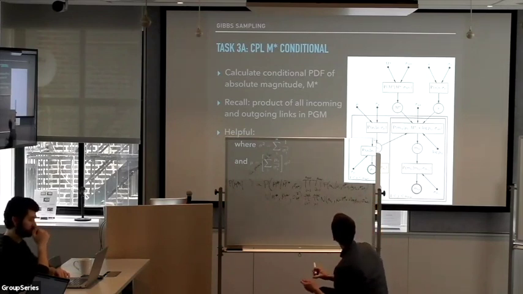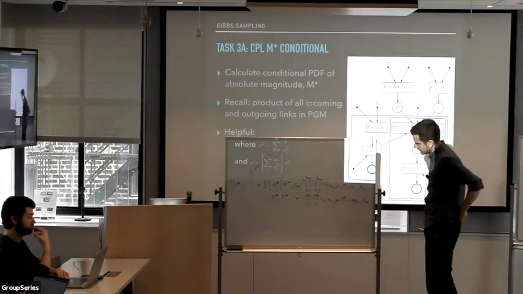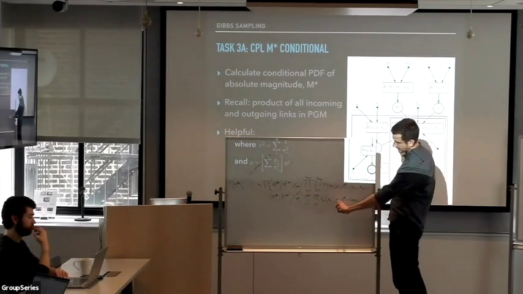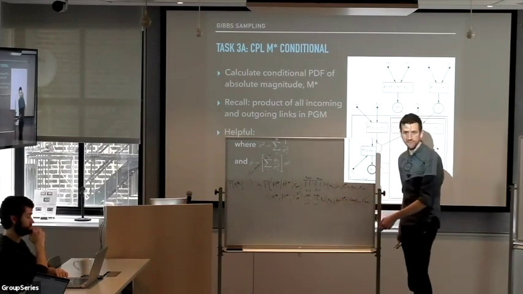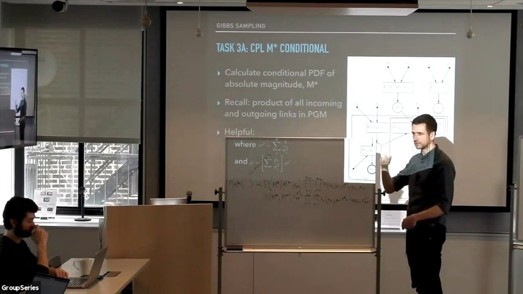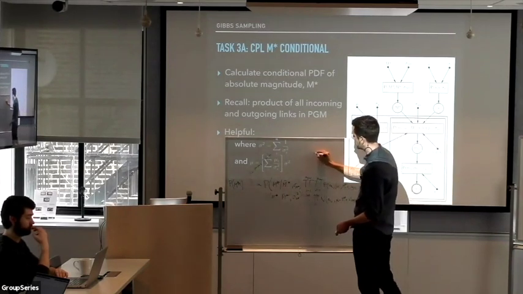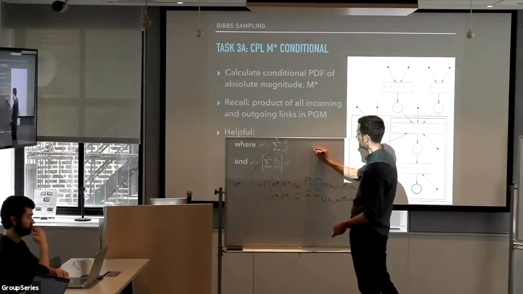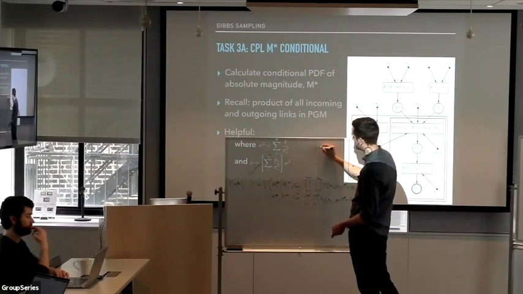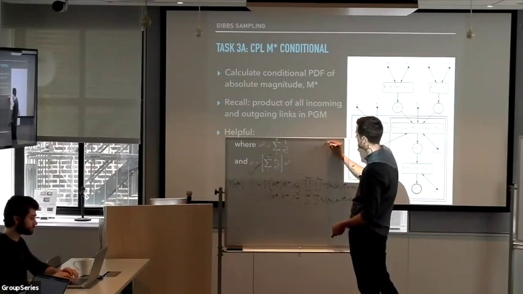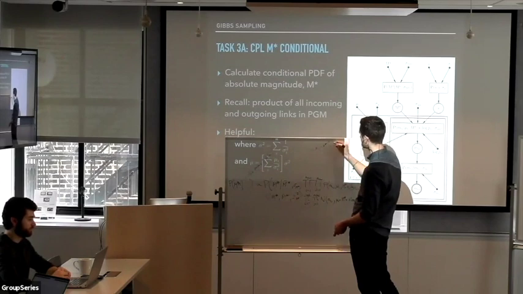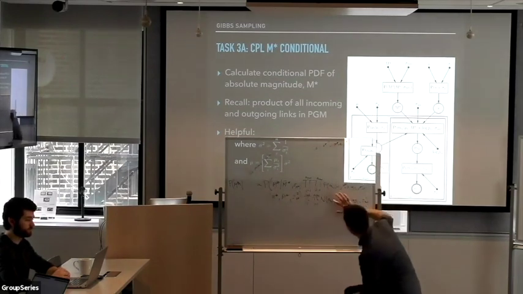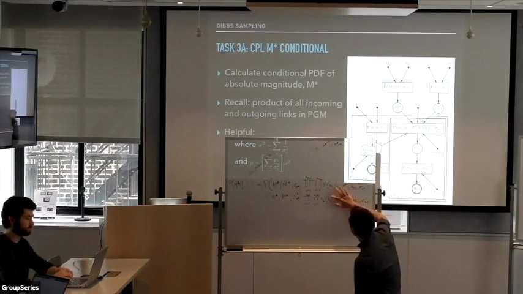Basically we can rearrange this to be a normal in m star. If you write out a Gaussian, this is something like e to the minus half of Mij minus m star squared, which is exactly the same as m star minus Mij squared. So we can just rearrange that swiftly.